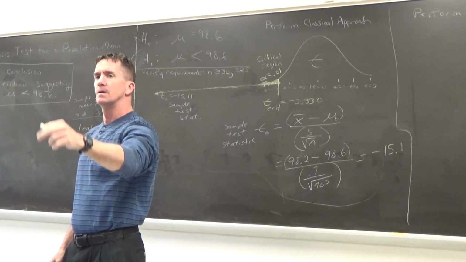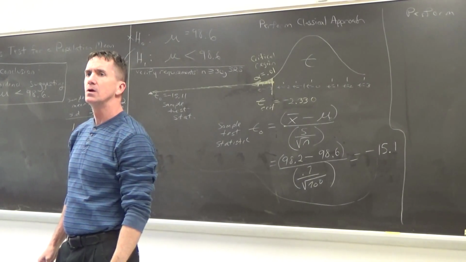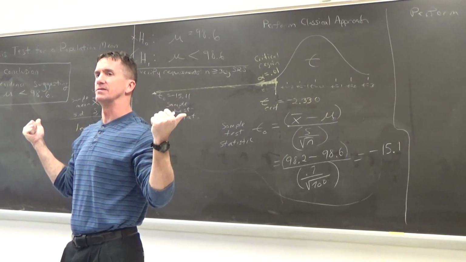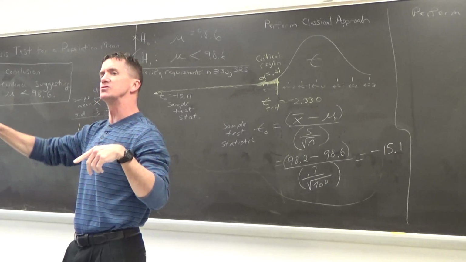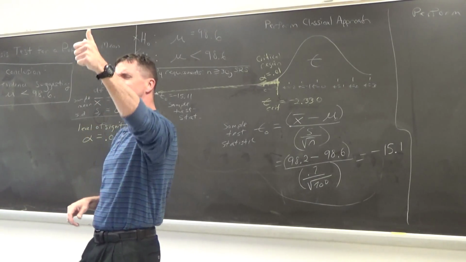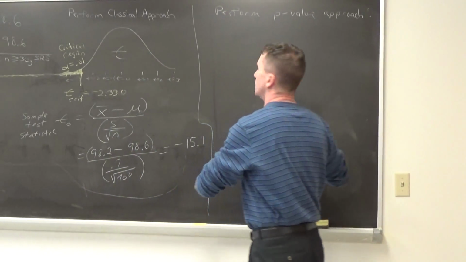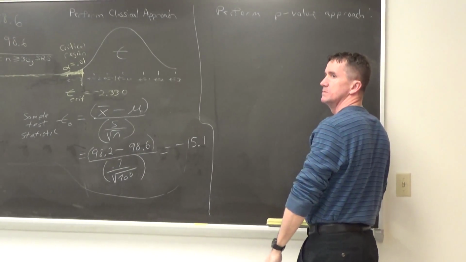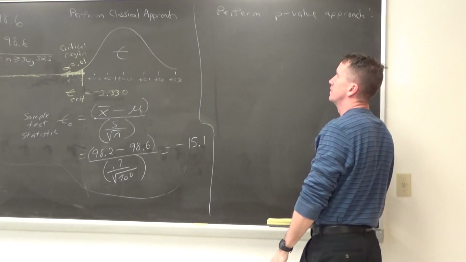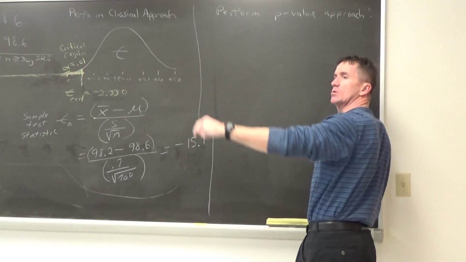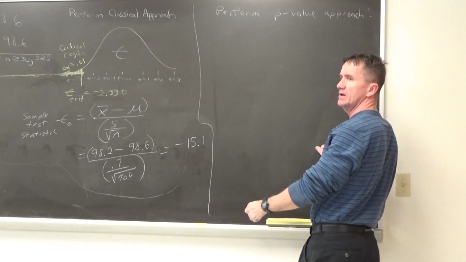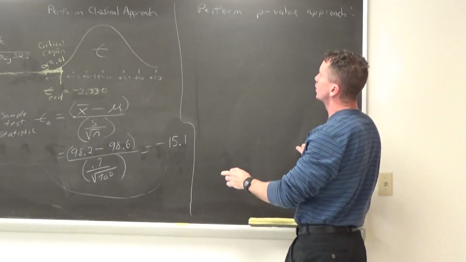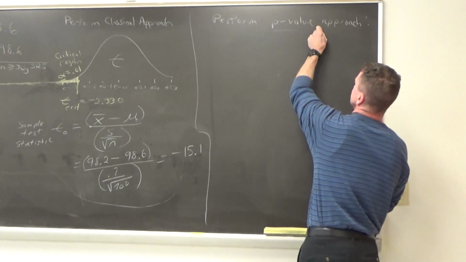You'll do both of these on the test. It's not bad though, because we'll use the technology to facilitate this. We'll be all right. Let me finish this, and then I'll get to you. We're now going to perform the p-value approach.